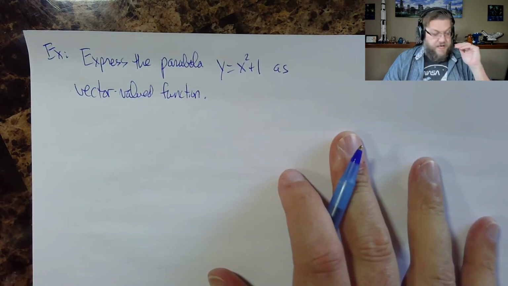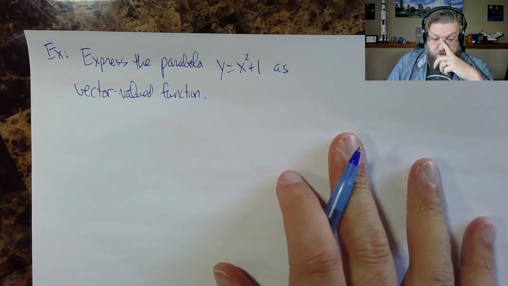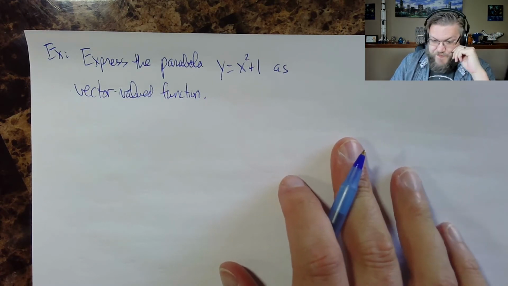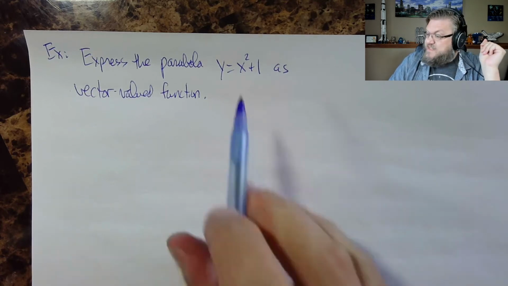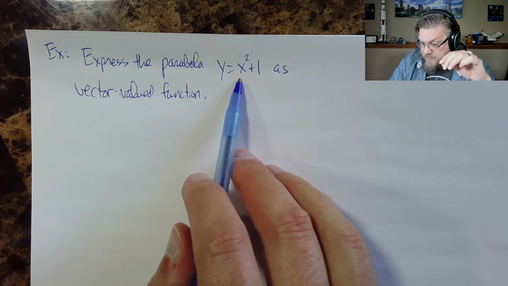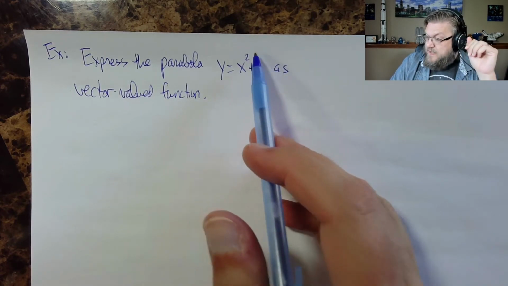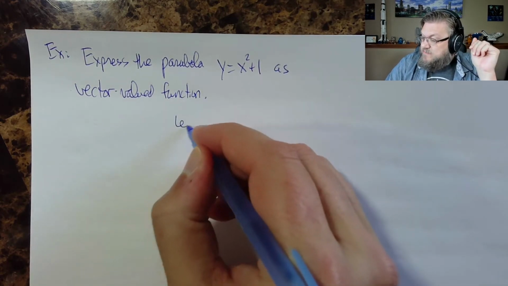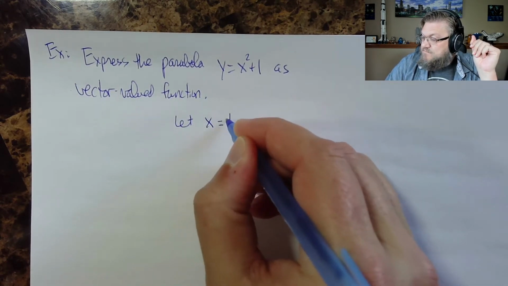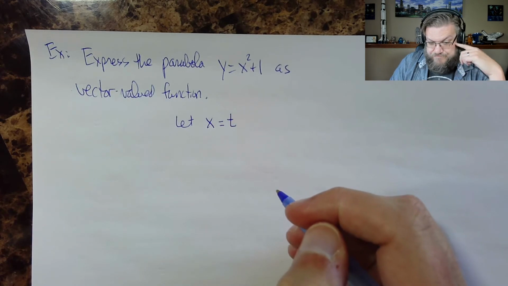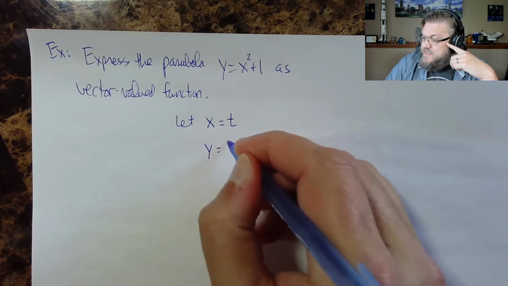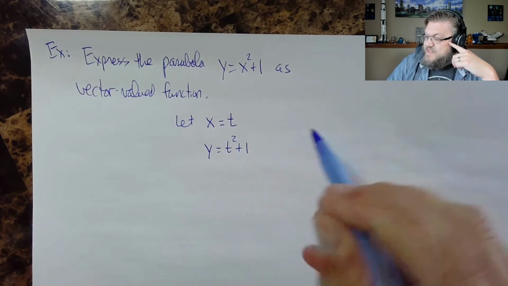Now, there are infinite ways of doing this, right? But let me show you how most of the time we choose this. Usually the real easy way of doing this is you have to pick what the i component is and the j component is. We often let x equal t, and then y has to be t squared plus 1. Do you see that?